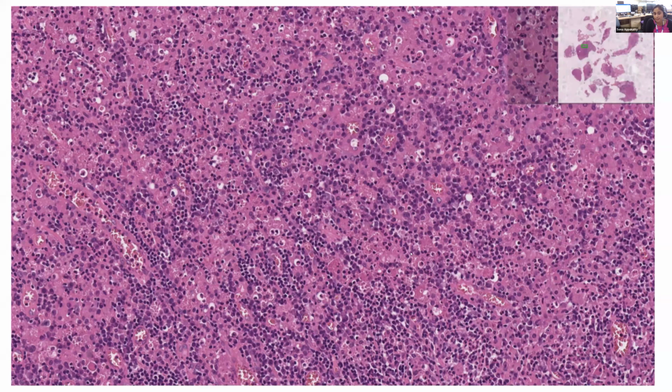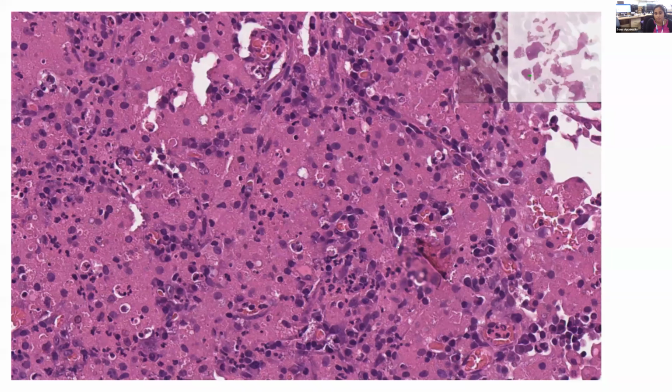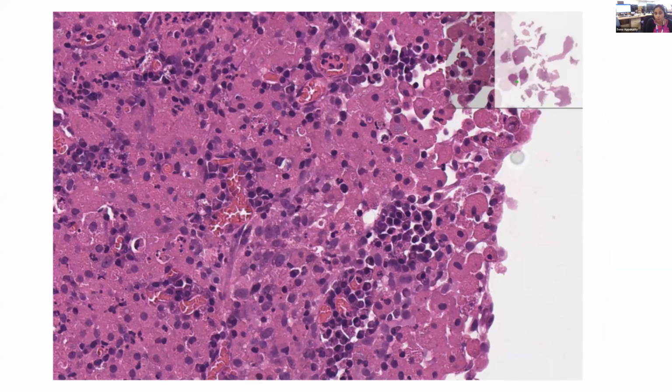There are lymphocytes and granulocytes also in the background. A bit closer look on the cytoplasm, we can see there are some cytoplasmic inclusions with central dots. More of those central dots and inclusions.